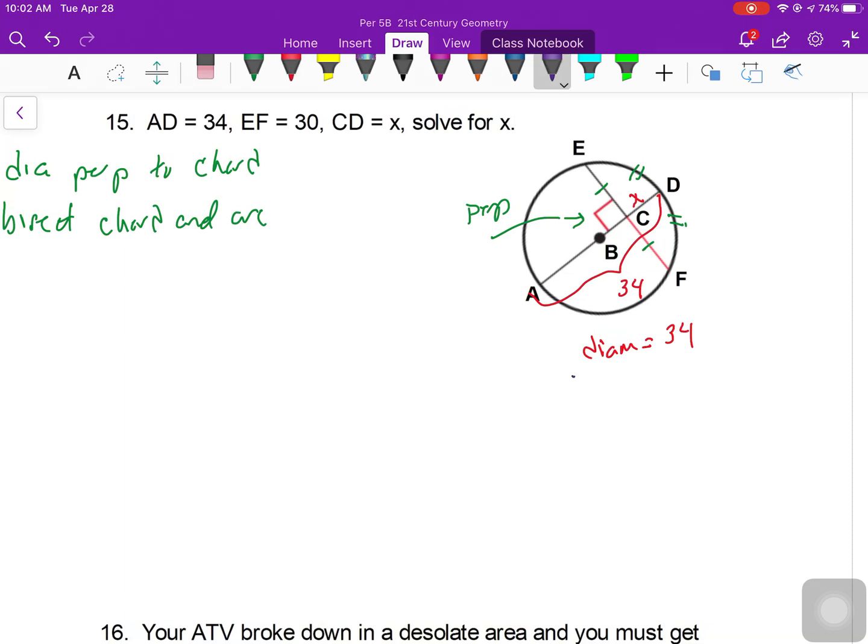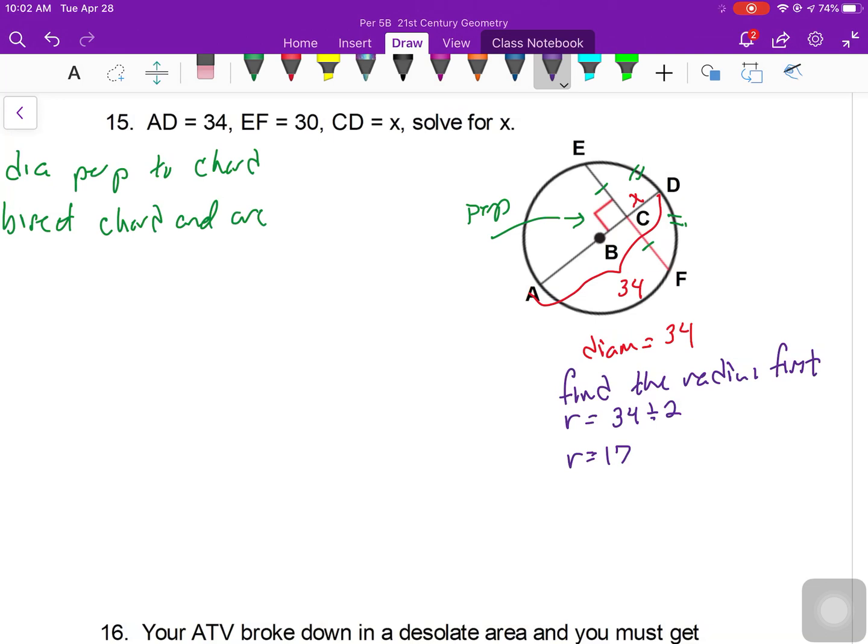Let's find the radius first. As our first step, I suggest we find the radius first. The radius is just going to be 34 divided by 2. It's half of the diameter.